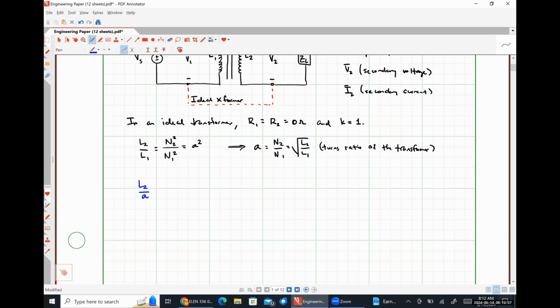The quantity L2 divided by a, our turns ratio, what is that going to look like?